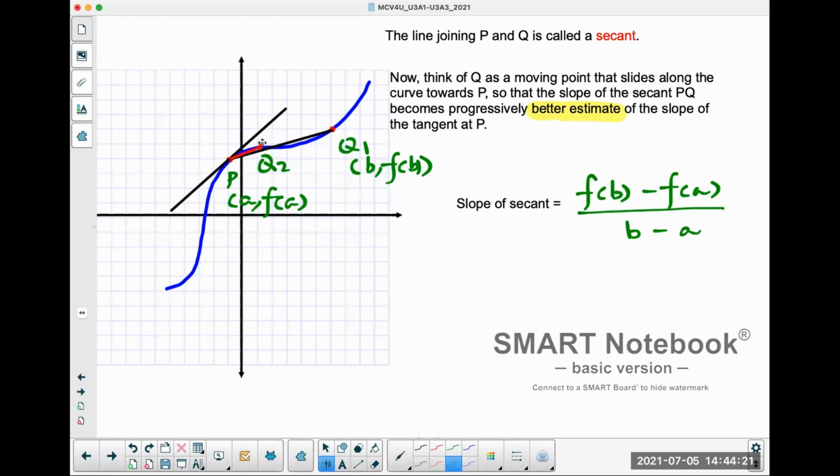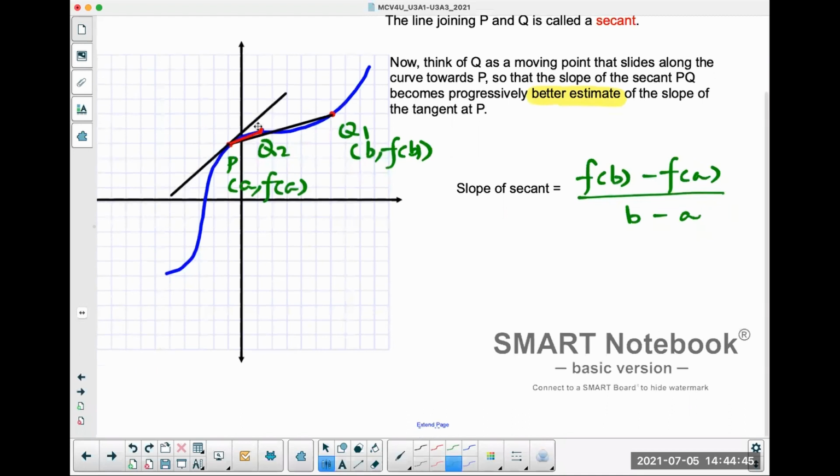And if I can get closer and closer to point P, the slope of the secant becomes a progressively better estimation for the answer. Now, I'm still not getting the answer, but I'm getting a better estimate of the answer.